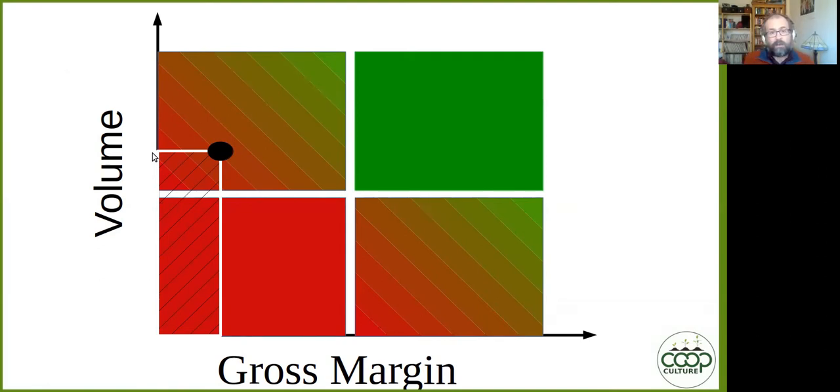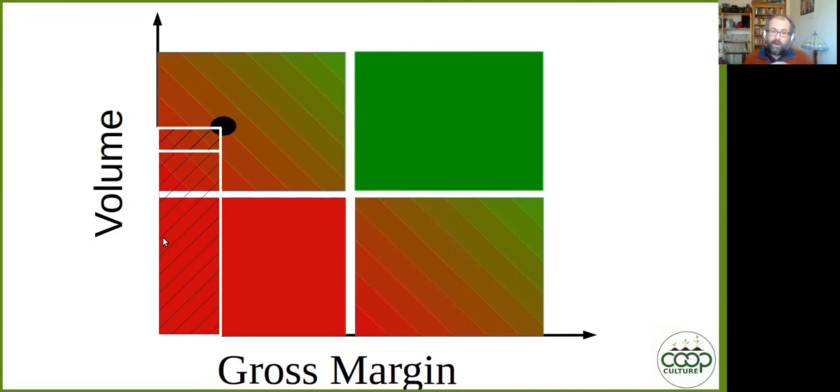So if you are a high volume, low margin business and you increase your volume by a small amount, so you increase the amount that you sell by a small amount, the effect on your gross profit is relatively small. And you see it is actually the area of this new smaller rectangle that is the effect. Obviously our gross profit is now this rectangle, but the effect is this difference here, and that's relatively small.